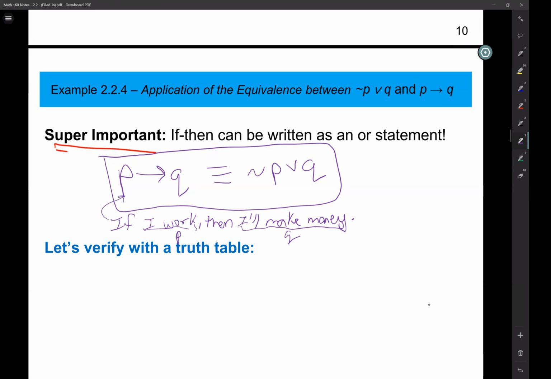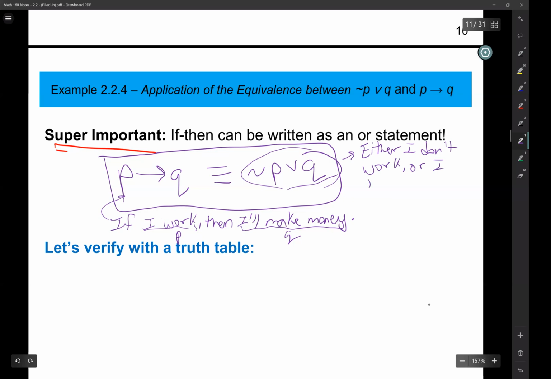What would the other side look like if we said it in English? It would say I don't work. So this right side would say either I don't work or I make money. It's kind of subtle, but it turns out that they're equivalent. So saying either I don't work or I make money is logically equivalent to saying if I work, then I'll make money.